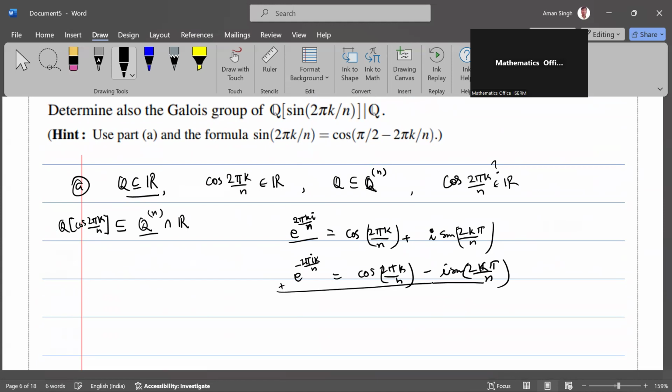If you add them, you'll get that cos 2πk/n is equal to (e^(2πik/n) + e^(-2πik/n)) divided by 2.